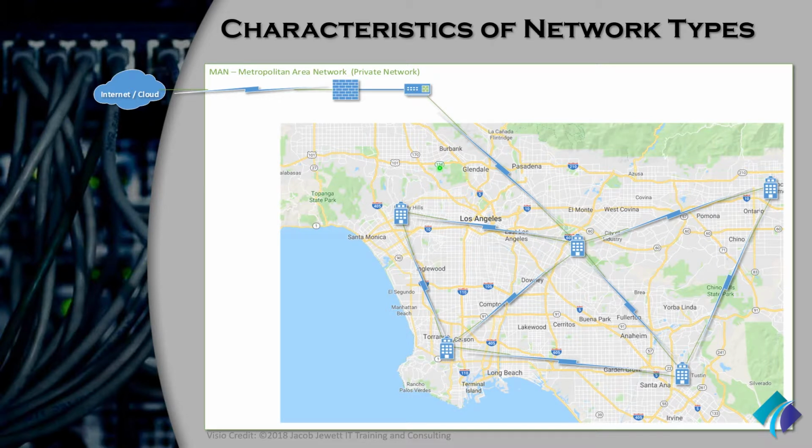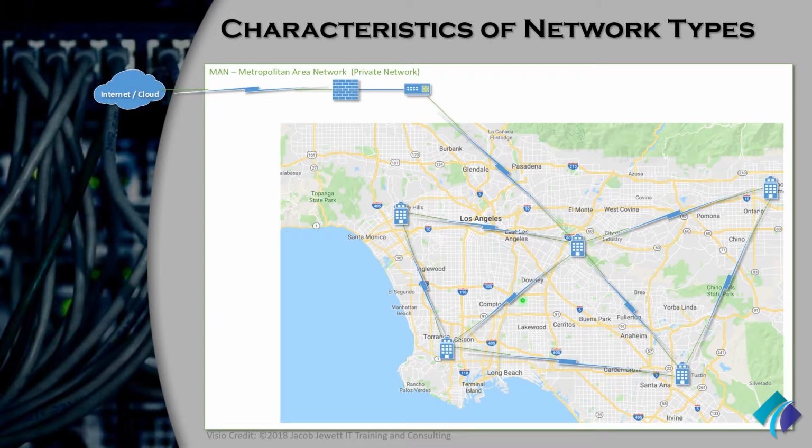They would be considered a metropolitan area network, and of course, it would be a private network. Okay, and again, with the firewall and the router, assume that those are in one of the buildings, and they're just connected.